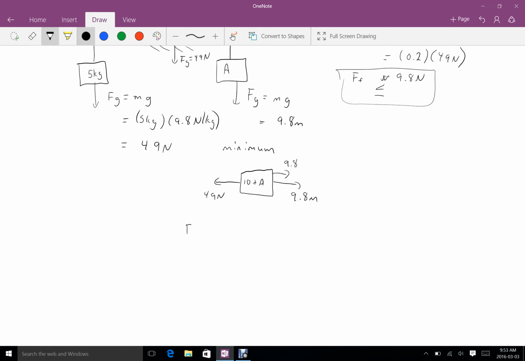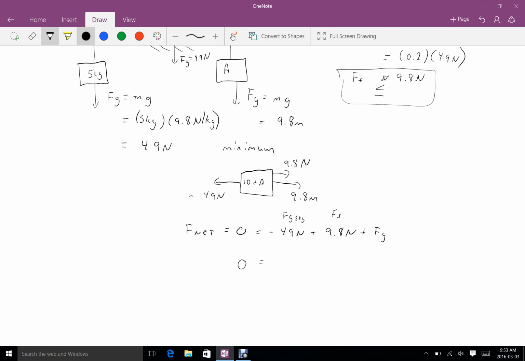If we want it to be stationary, we know that the net forces must add to 0. And so what I'm saying, I'll call this direction negative, is that negative 49 newtons plus 9.8 newtons plus the force of gravity on the hanging object at A, which I don't know. So this is the force of gravity on the 5 kilogram hanger, and this is the force of friction, plus the force of gravity, all have to add to 0.